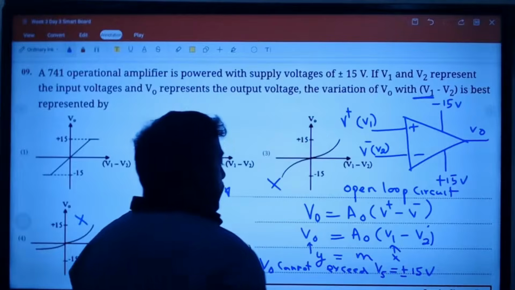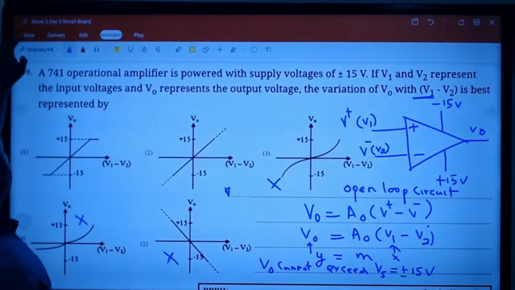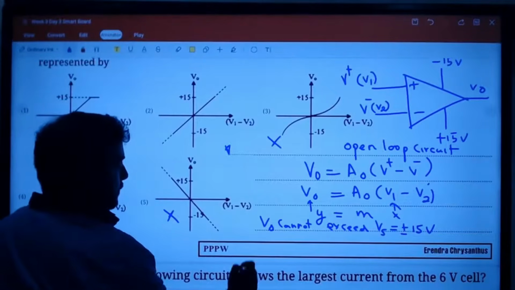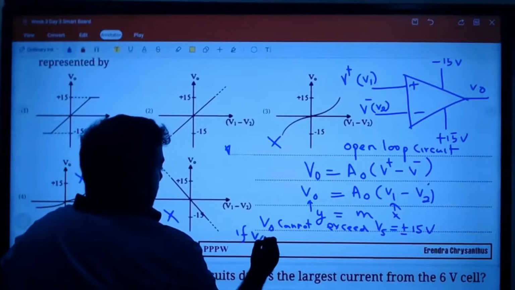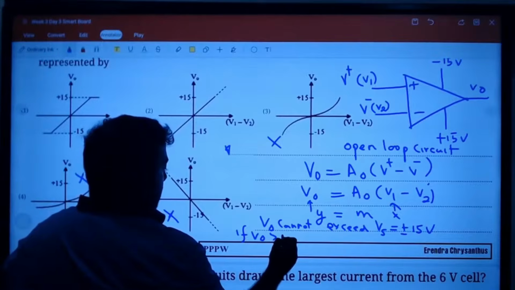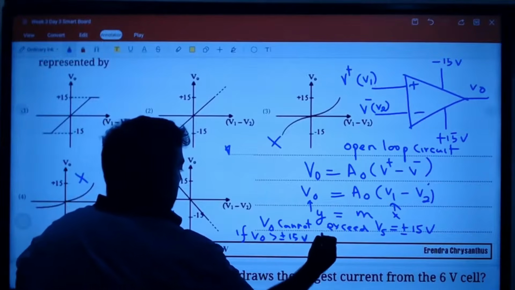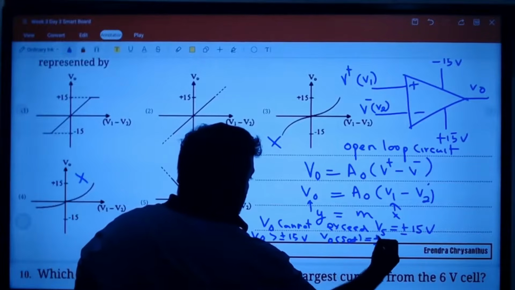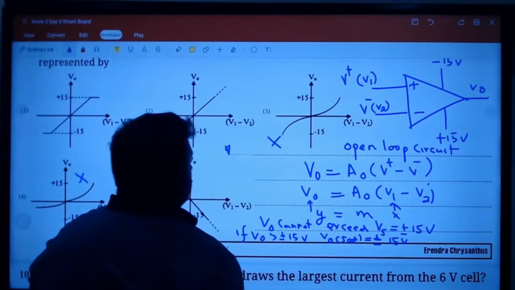That means output will saturate. If the output is greater than plus or minus 50, it will saturate, that means become constant at plus or minus 50. Nothing can exceed the supply.